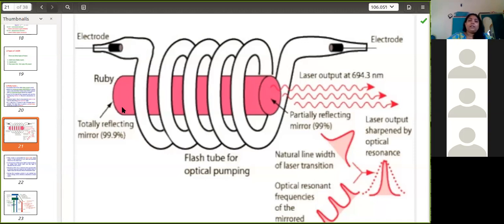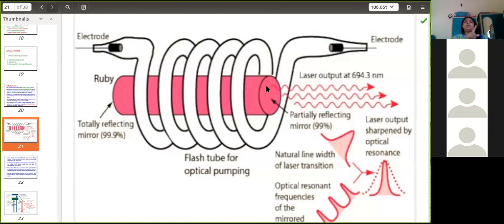The first thing, उसको डायरेक्शनल बनाना. तो लाइट only to and fro travel कर सकता है अंदर inside the laser active medium. बाकी कोई भी तरफ अगर जाएगा तो वो इधर से बाहर निकल जाएगा.